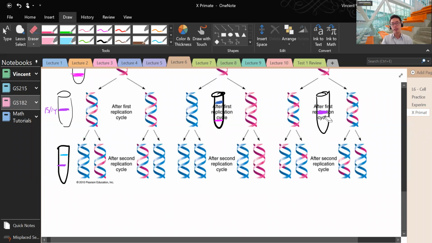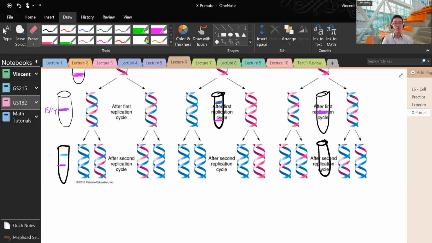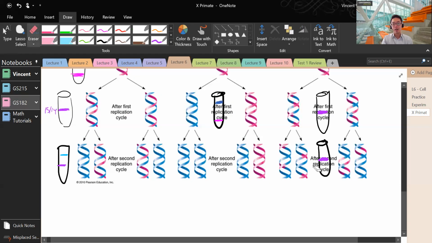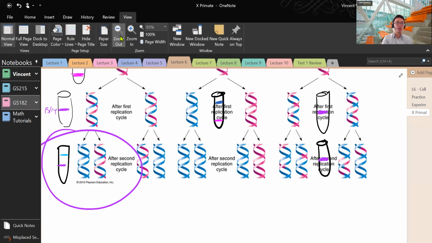Whereas over here, if dispersive was true, after the second division it's still all mixed here and there, and you will still observe a single band in the middle. They did not observe a single band in the middle after the second division, and that's how they concluded it was the semi-conservative model.